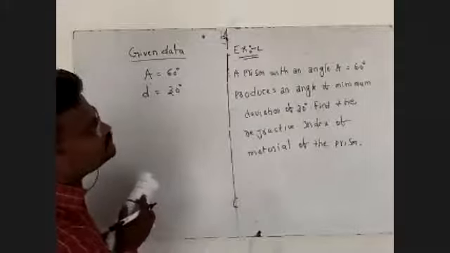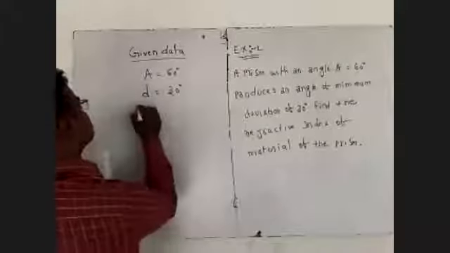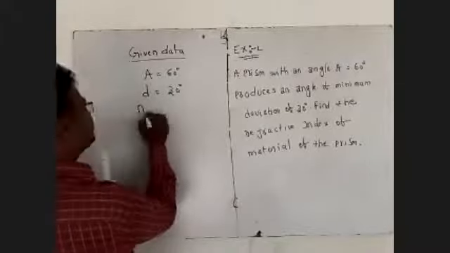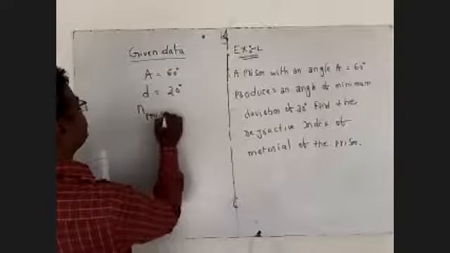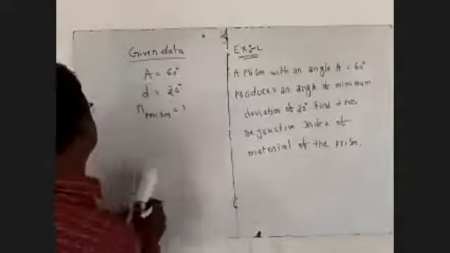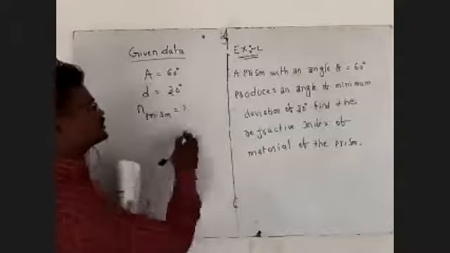Find the refractive index of the material of the prism. This is the question mark.